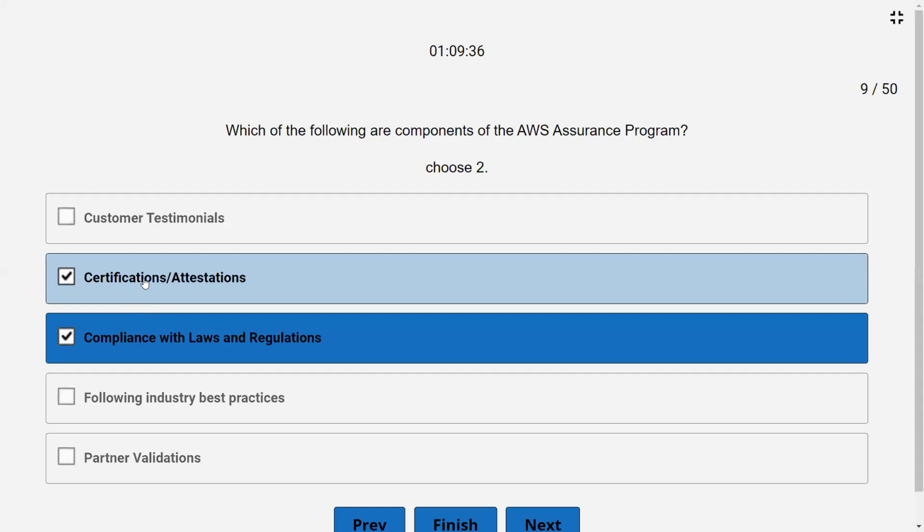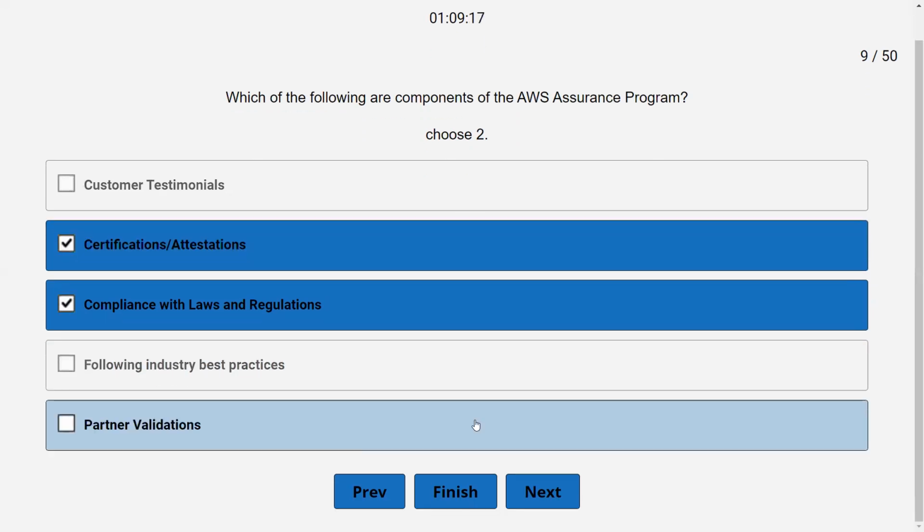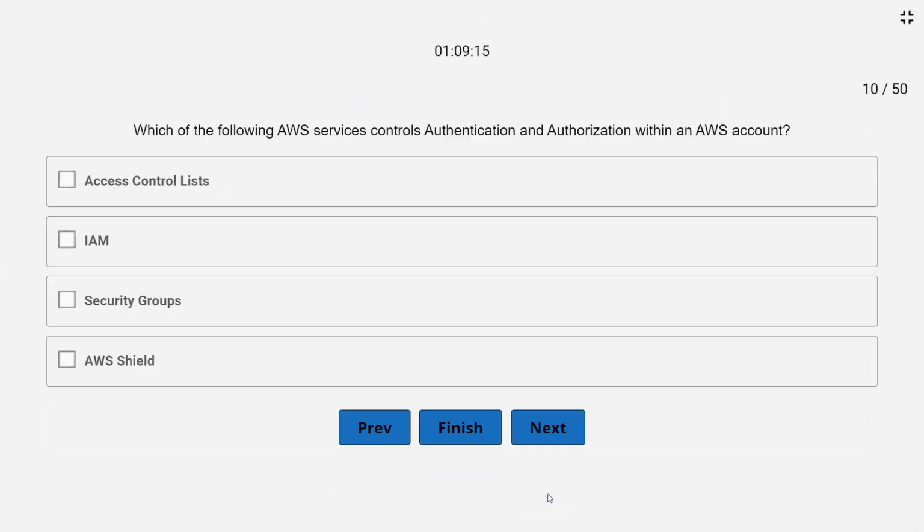So the fact that they have those certifications and attestations, as well as their compliance with the various laws and regulations as far as data protection, data confidentiality and data integrity are concerned, assures customers that doing business with them is safe. That's basically about it.